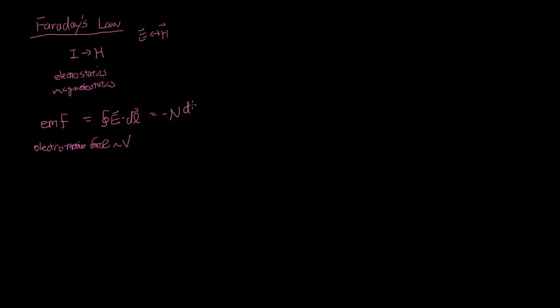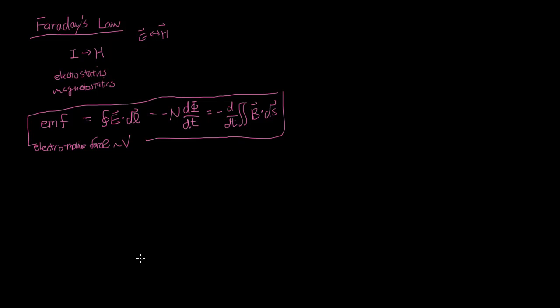But it's going to be equal to negative the change in magnetic flux over time. So remember, magnetic flux is the surface integral of the magnetic flux density. So we can also write this as minus d/dt of the surface integral of B dot dS. This here is Faraday's law in integral form.